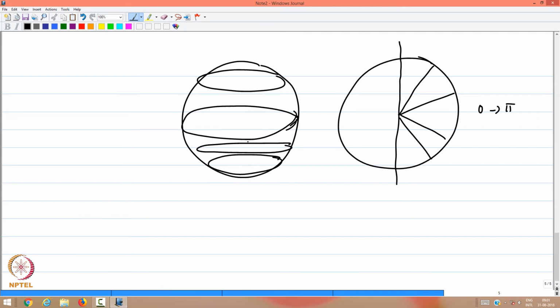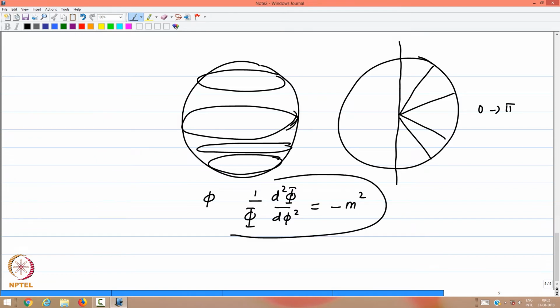Okay. Therefore, the phi equation, which is written as 1 by capital phi d squared phi by d phi square, is equated to a number minus m square, where m is a positive constant.